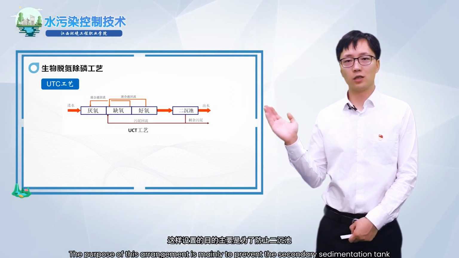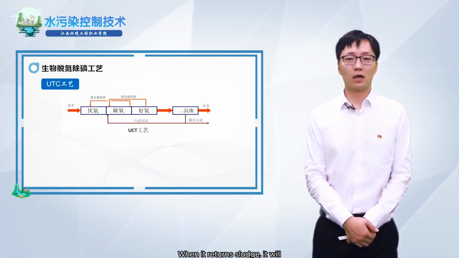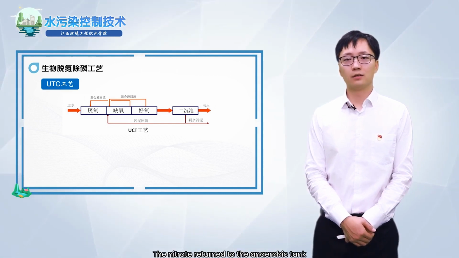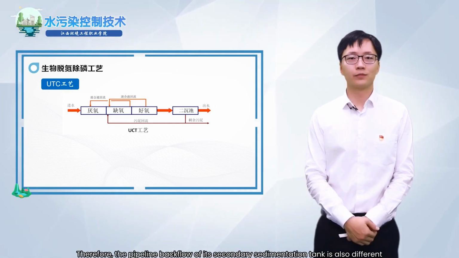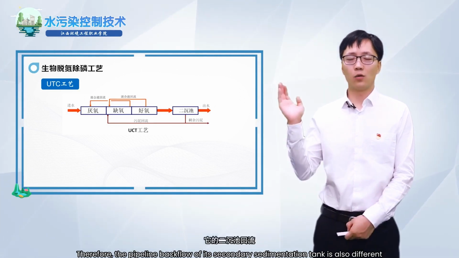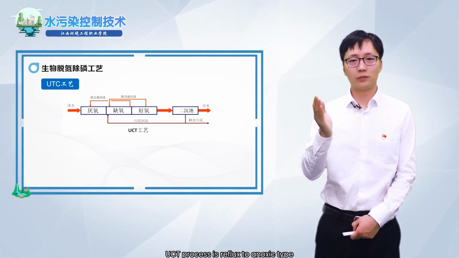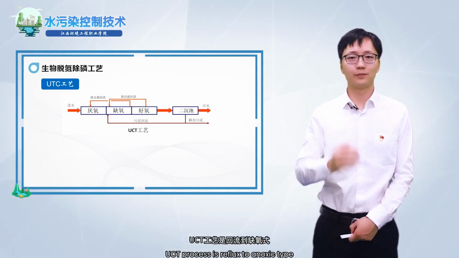The purpose of this arrangement is mainly to prevent the nitrate from returning to the anaerobic tank when the secondary sedimentation tank returns sludge. Therefore, the pipeline backflow of its secondary sedimentation tank is also different. The A2O process refluxes to the anaerobic tank. The UCT process refluxes to the anoxic tank.